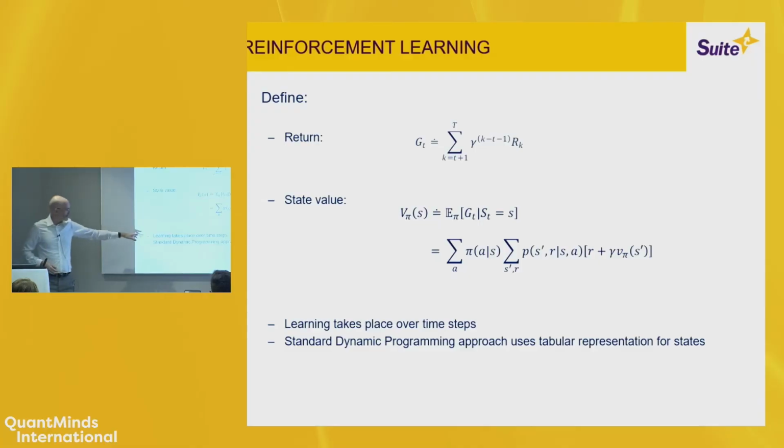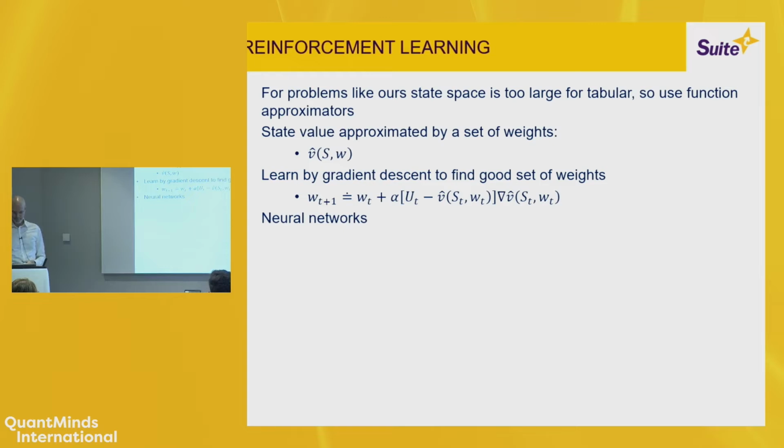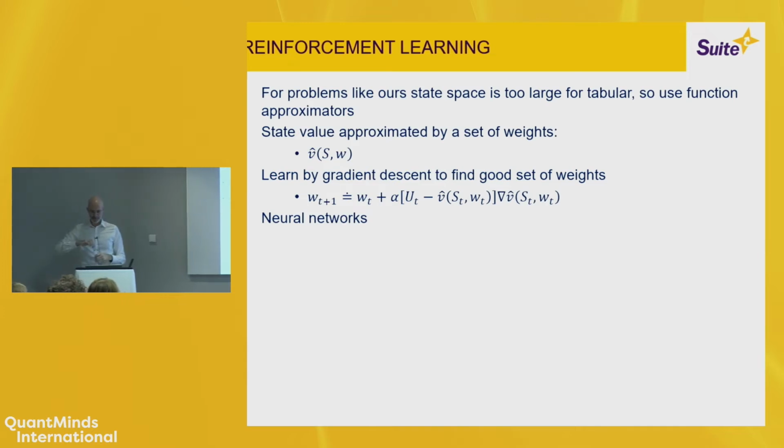The learning takes place over time steps, and in the standard dynamic programming approach, we would use a tabular representation for the value functions and so forth. Now, our state space in reality is just too large for a tabular solution. So we're going to use some function approximators.